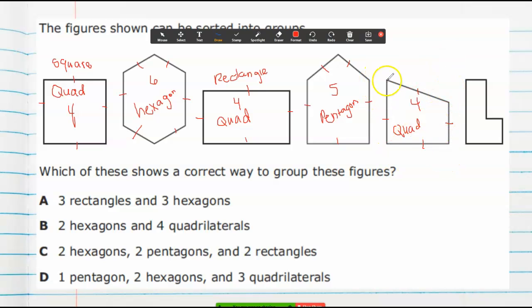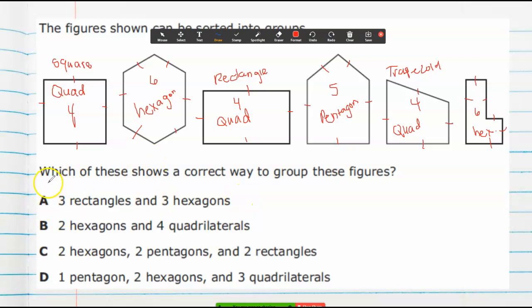They're never going to touch. They go up and down straight. These two are not. If you notice, this one's going down, this one's going this way, so eventually those are going to cross. So if it only has one set of parallel lines, remember that is a trapezoid. Okay, 1, 2, 3, 4, 5, 6, and that is a hexagon.